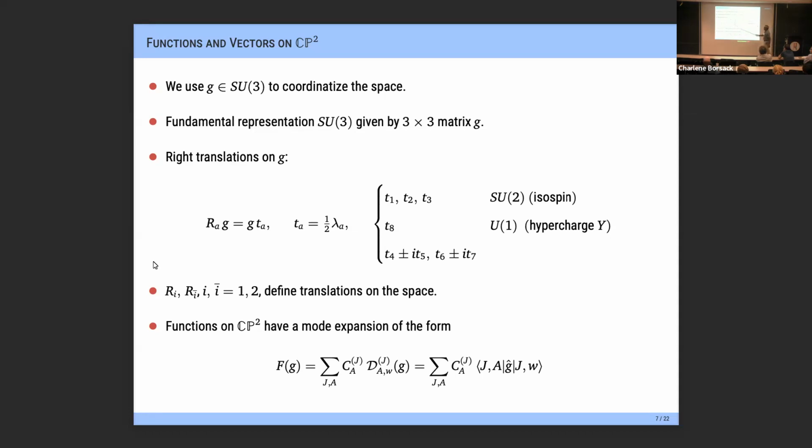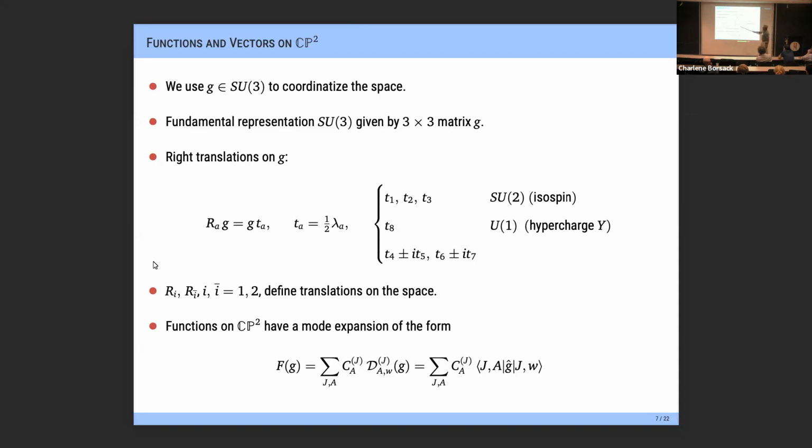Of these 8 matrices here, the ones corresponding to 1, 2, 3 will define SU2, which I will colloquially refer to as isospin, because that's what we all learned to call it when we learned hadronic physics. T8 is the hypercharge direction U1, and these two together form the U2 that is quotiented out from SU3 to get to CP2.